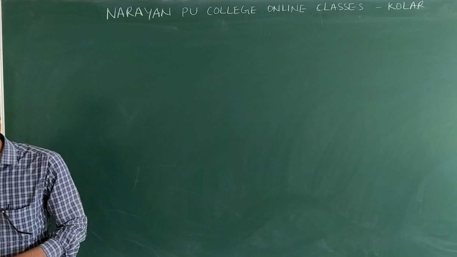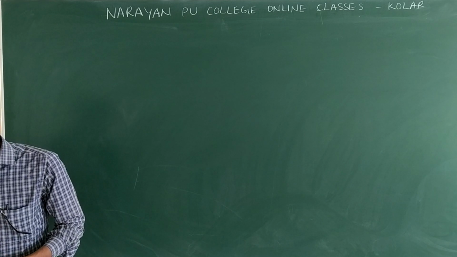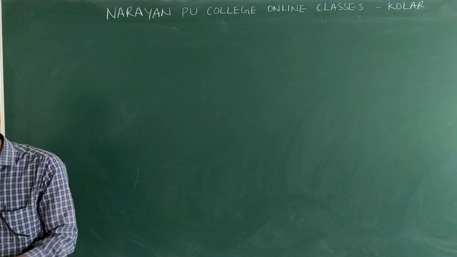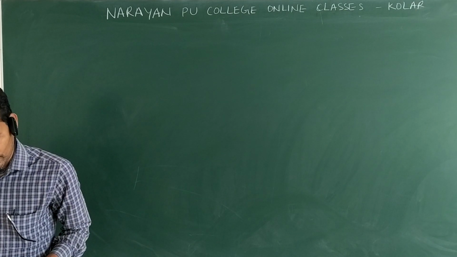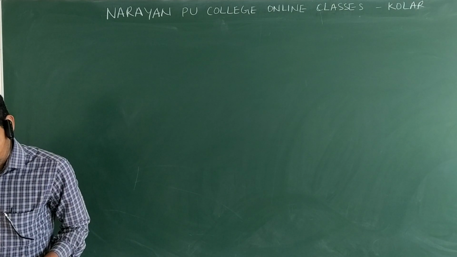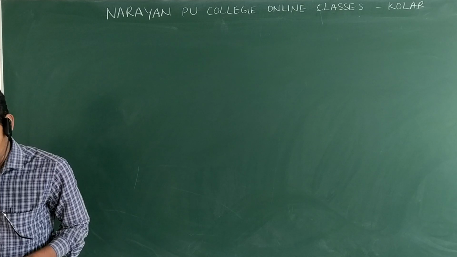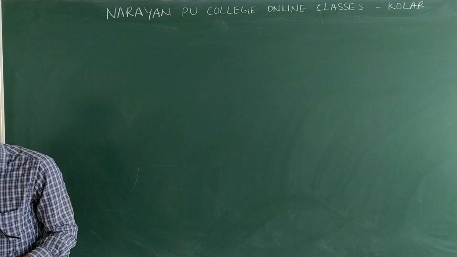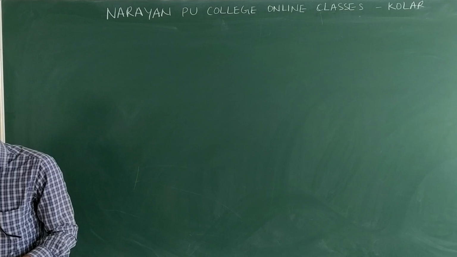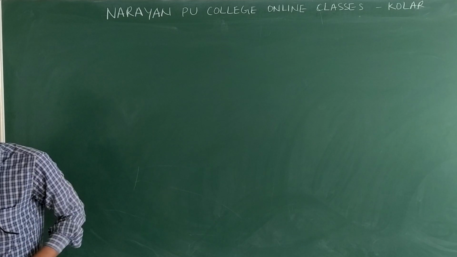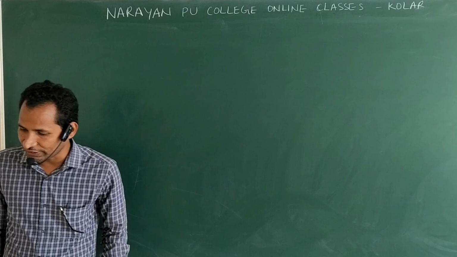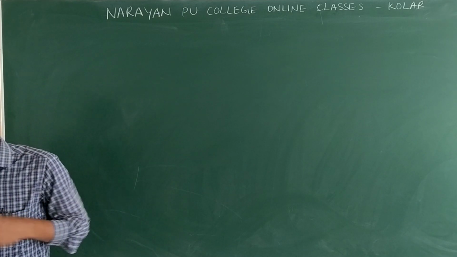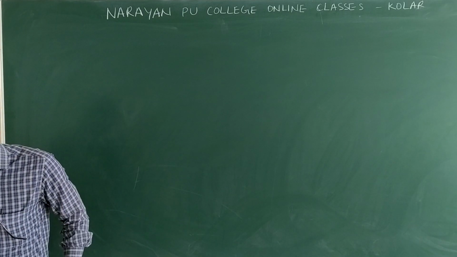Now, we'll see the general formula for electric field due to a dipole. Clear? That is given on page number 13. See that.